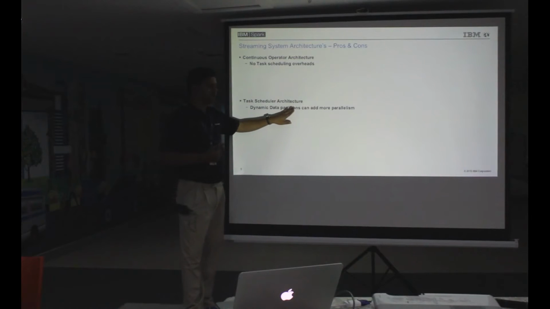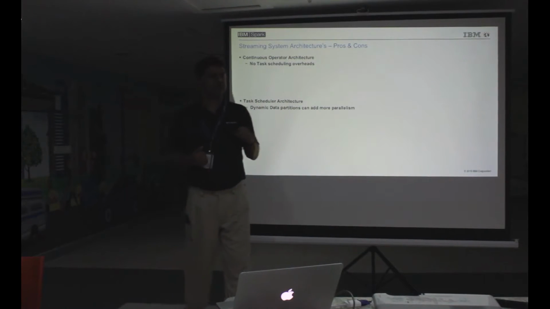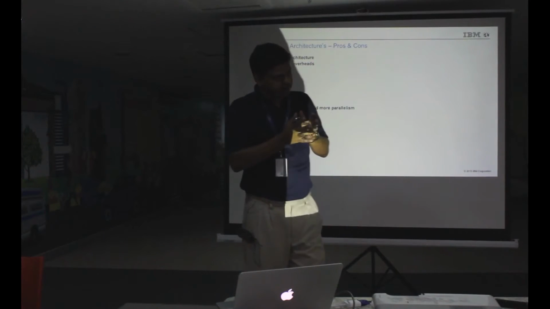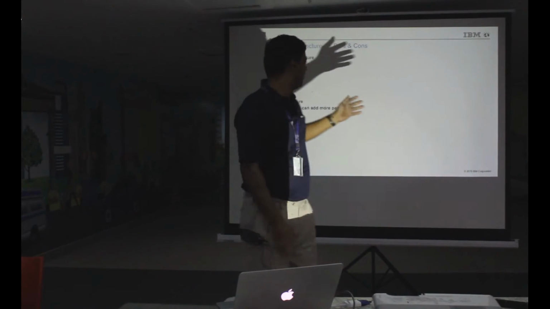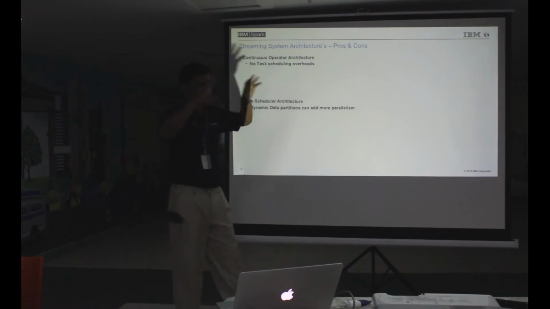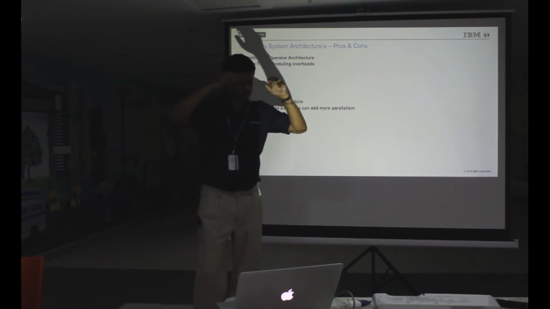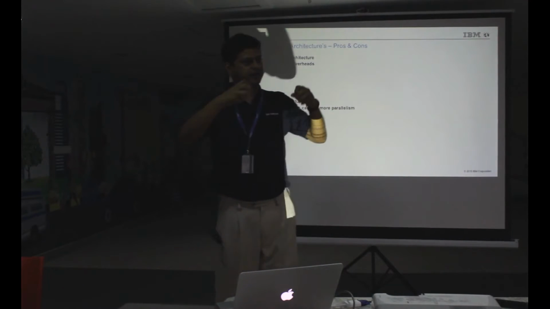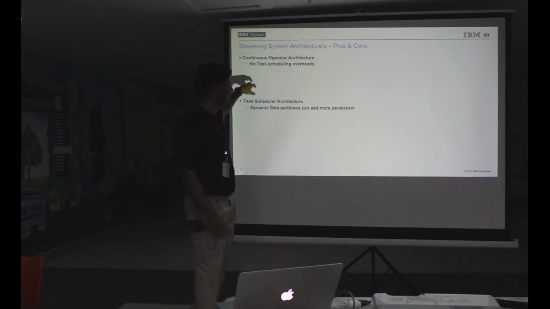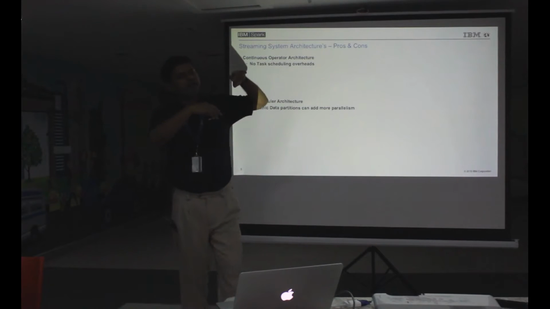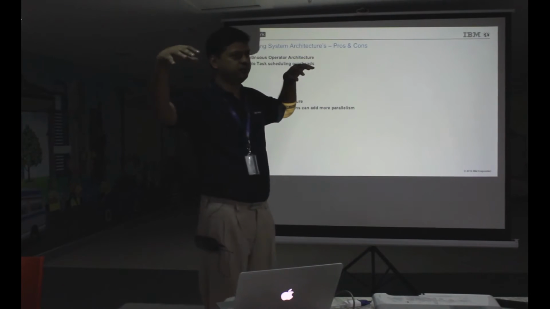Because he's doing the scheduling dynamically, I can actually run it with more parallelism. Whereas the continuous operator, once it starts up your program, already has those fixed nodes. And suddenly if you have a surge of data, or your data itself is not partitioned well as it's coming out of one of those source nodes, you'll get a lag in your entire processing workflow.